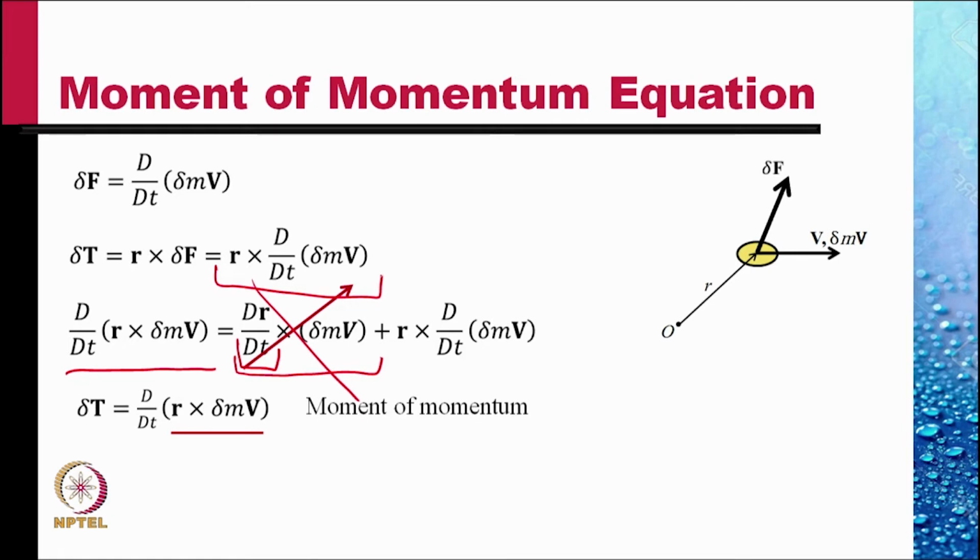R cross delta m v is the moment of momentum. We integrate this and we say the total torque acting on a body is the time rate of change of the moment of momentum. This is the moment of momentum equation for a particle.